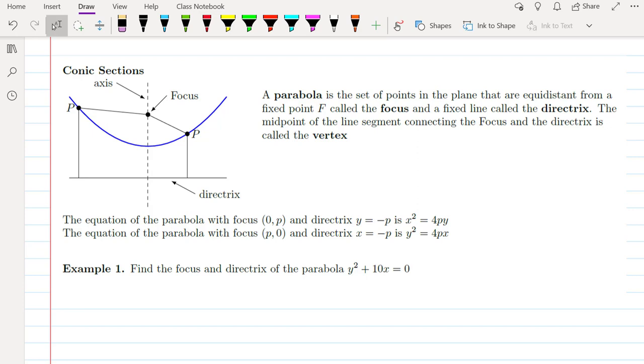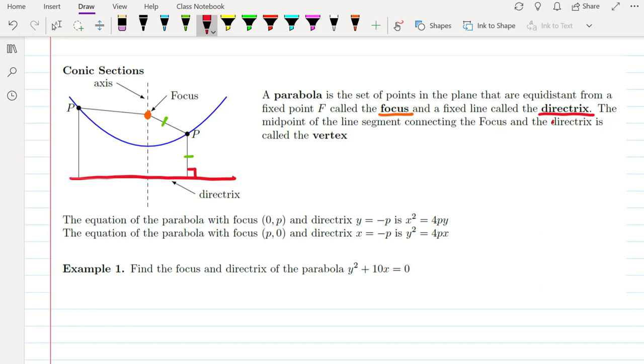So if we look at our diagram here, our directrix is the line down here, and the focus is a fixed point in the plane right here. We're talking about the equidistant point, so the distance from the focus to the point P is going to be the same as the perpendicular distance from P to the directrix.